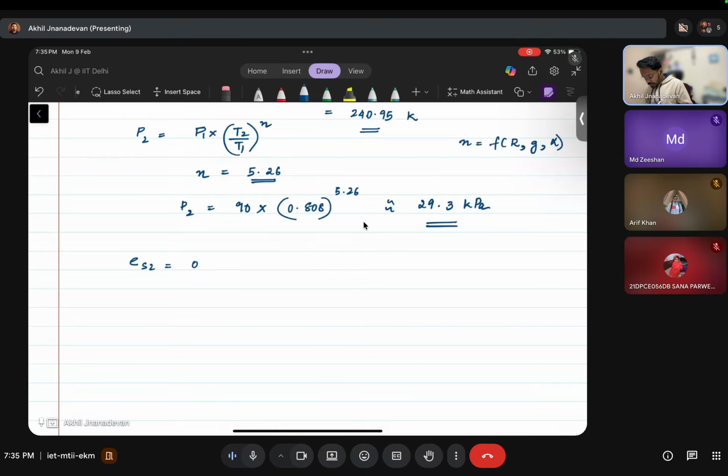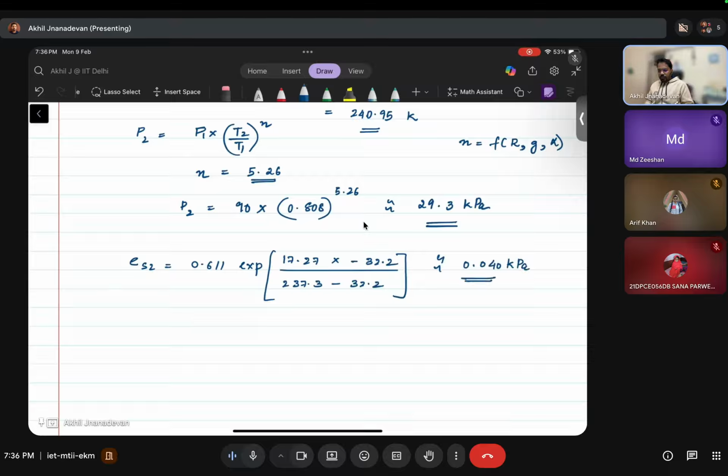We have the empirical equation 6.0011 into 17.27 times minus 32.2 divided by 237.3 minus 32.2, with temperature in degrees Celsius. If we substitute that, it comes around 0.040 kilopascal.